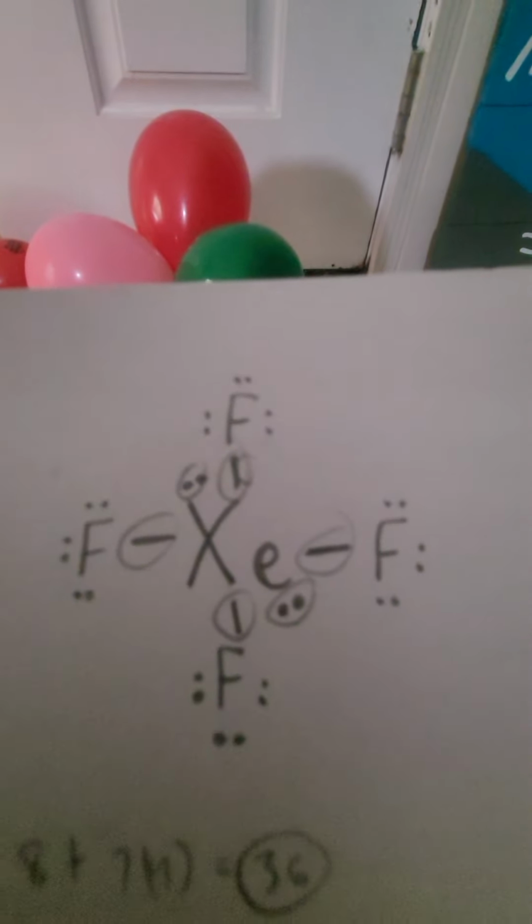If we were doing molecular geometries, we would just take out the lone pairs around the central atom. So technically this one would be a square planar, because four atoms are equidistant around the central xenon atom.